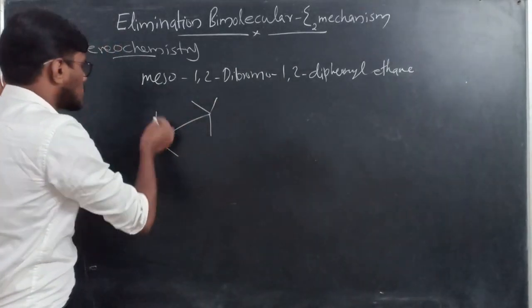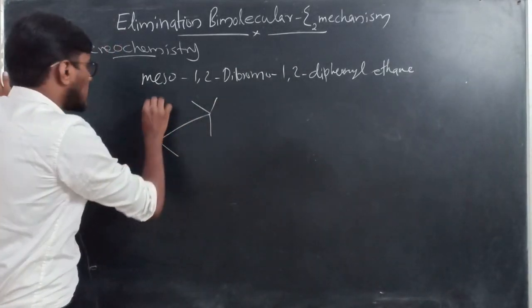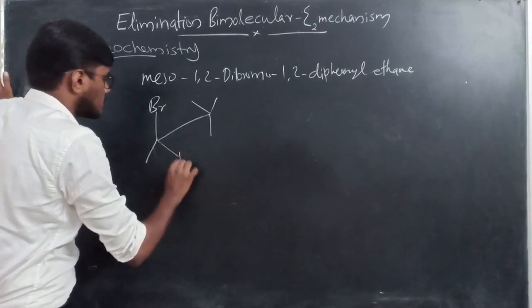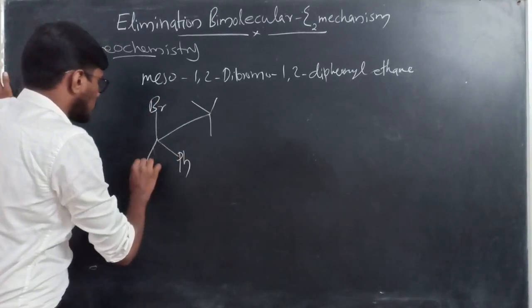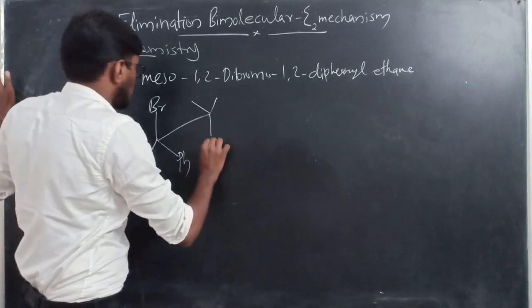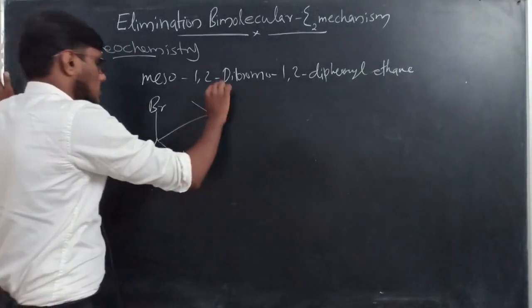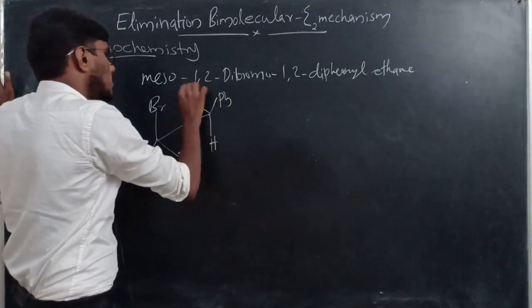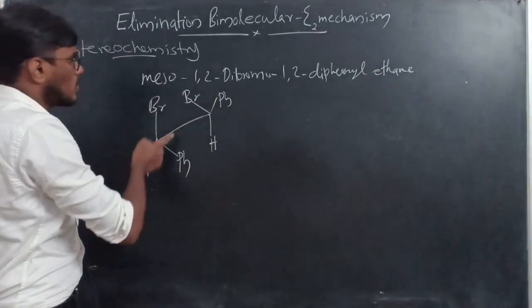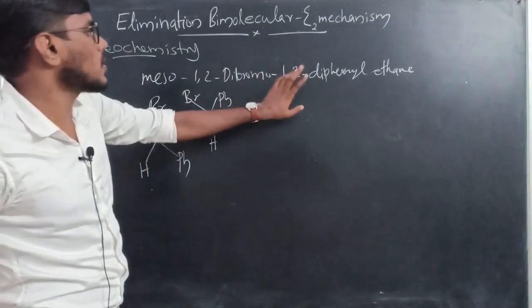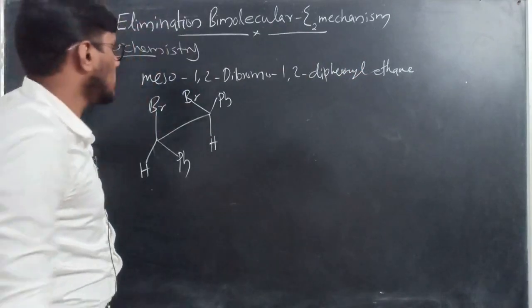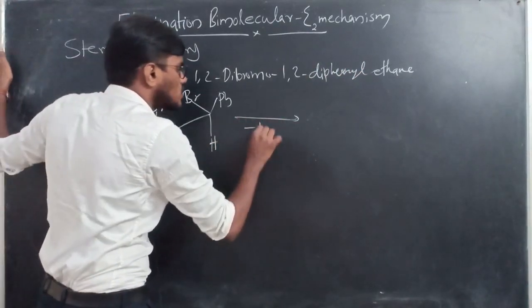By Fischer projection, the compound is like this: H, here H, then Ph, H, Br. This is the meso form of 1,2-dibromo 1,2-diphenyl ethane, and it undergoes E2 elimination reaction.